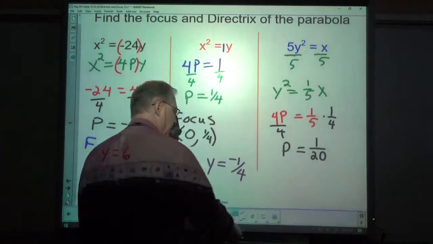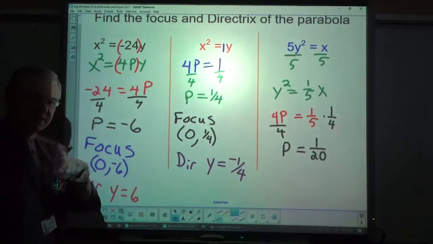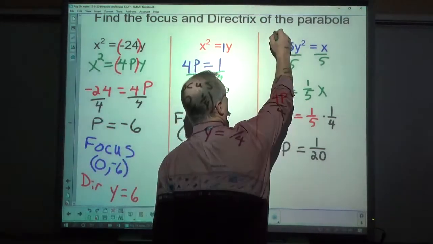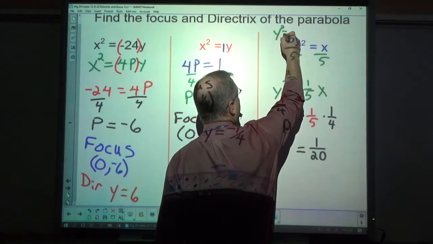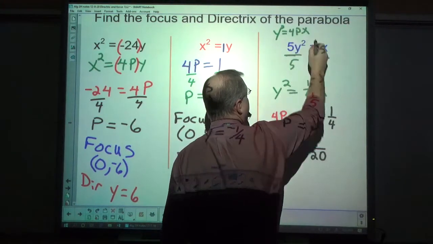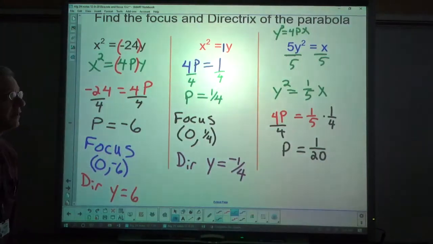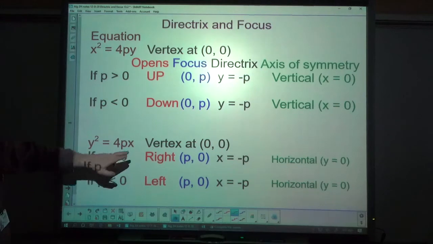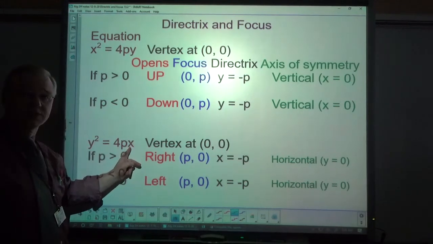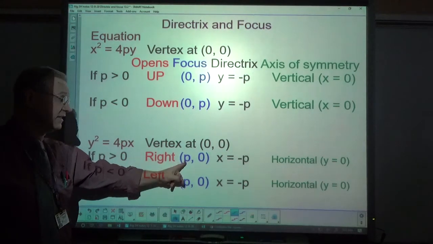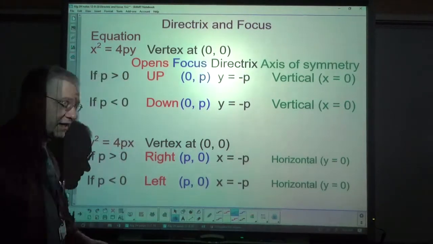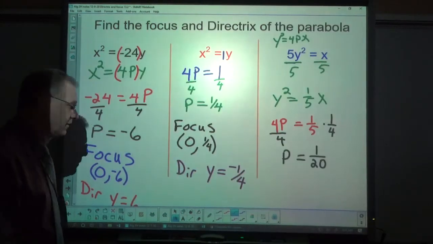Okay. Now, in this one, we're working with y squared equals 4px. Remember, if it's y squared equals, then x is the one that's not raised to the power, so it's in the x coordinate spot for the focus, and x equals negative p for the directrix.